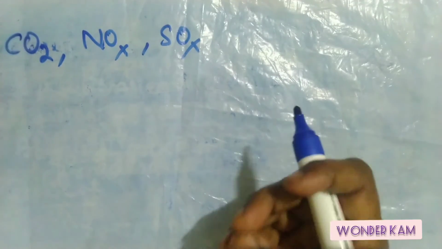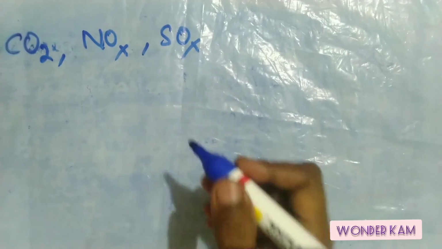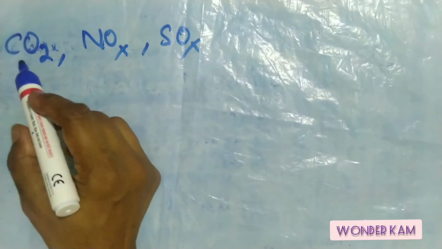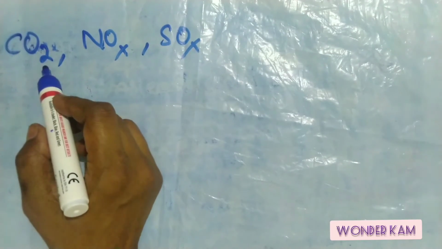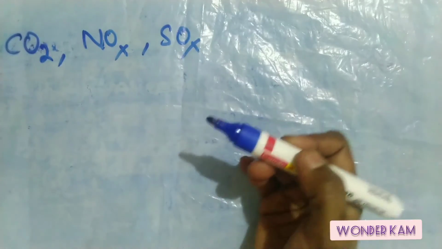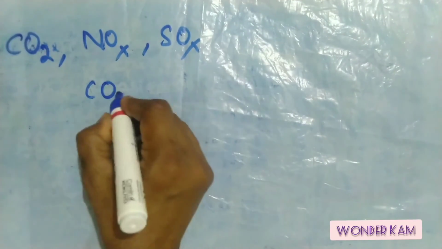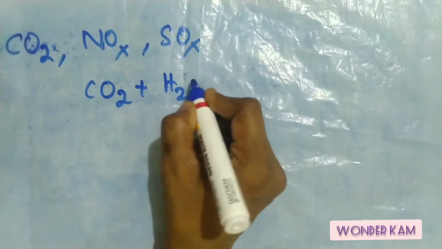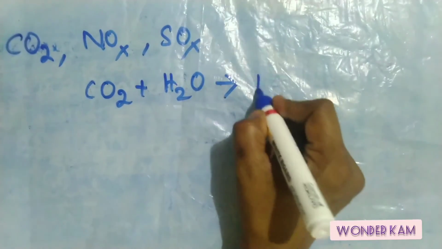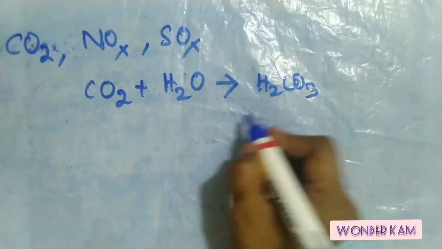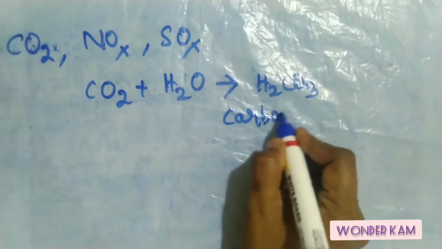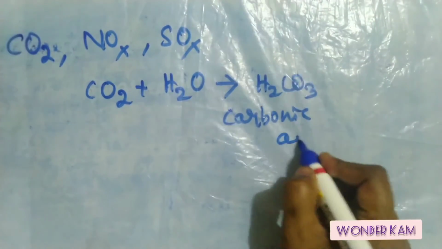We have discussed in chemical reactions about carbonic acid. The carbon dioxide dissolves in water to give carbonic acid, isn't it? This is your carbonic acid.